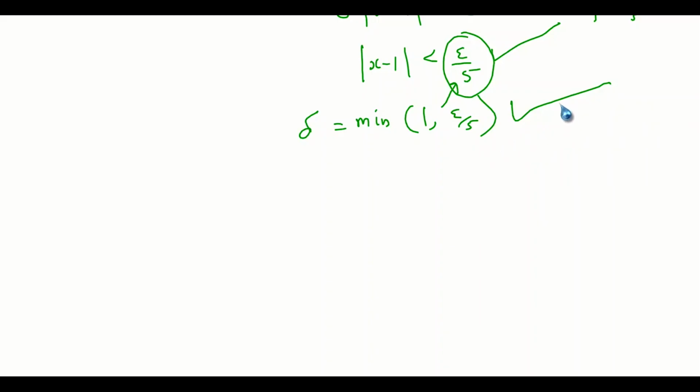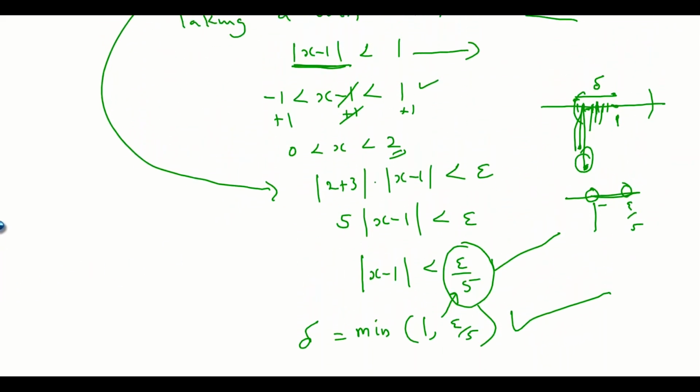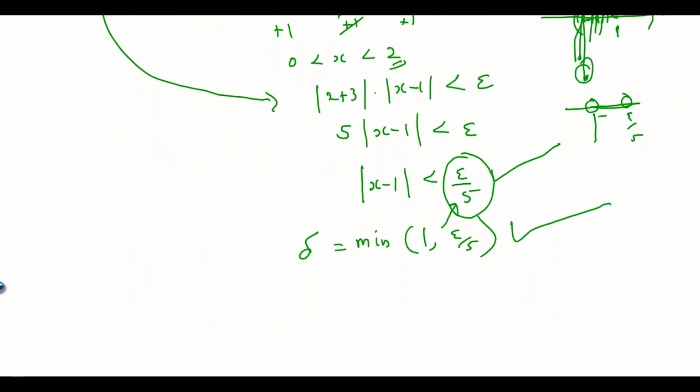You are done. But some lecturers want to see the final part of it. So what we can do now, in this case, is start from where we took a step towards absolute value of x minus 1, that is from here. So that is what we're going to use. See what I'm going to do now.